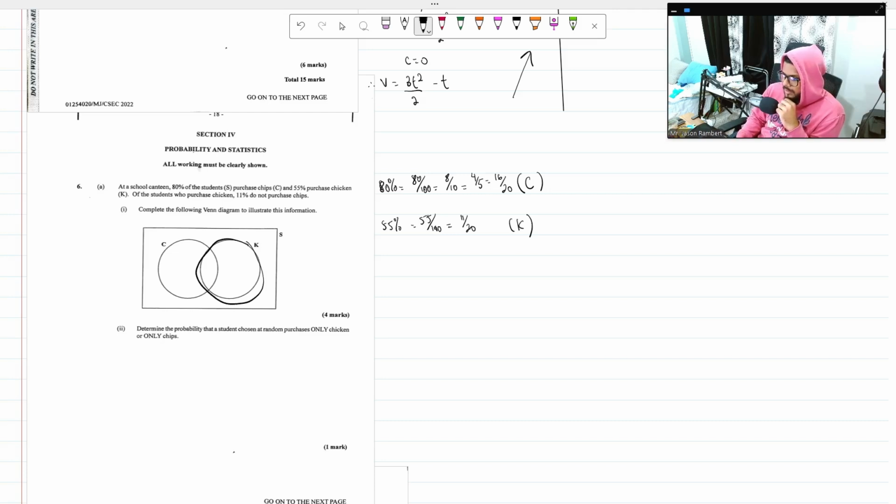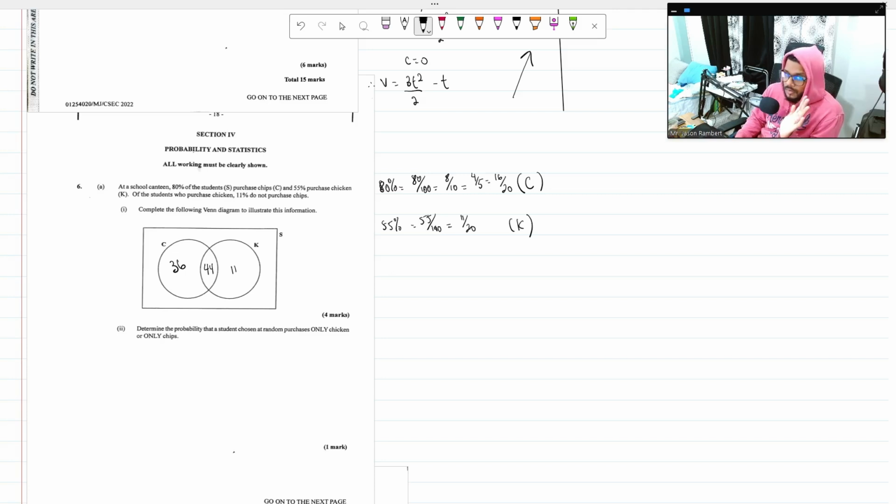So that means 44% purchase chips, which means 44 goes here, and 11 goes here, because this 11% does not purchase the chips. Cool? So this 11% purchases chicken only. C, which represents chips, is 80%. I already have 44% inside here, so I remain with 36% inside here.